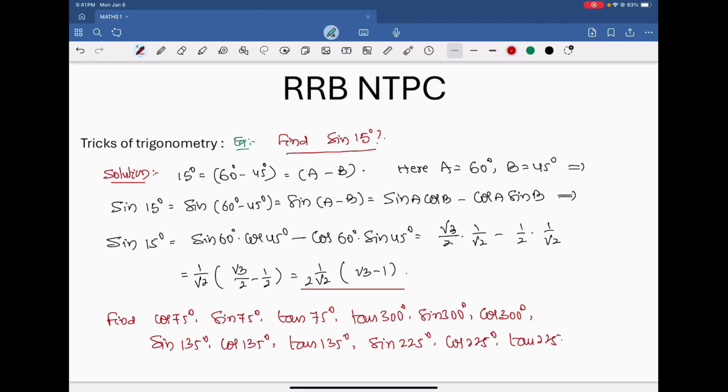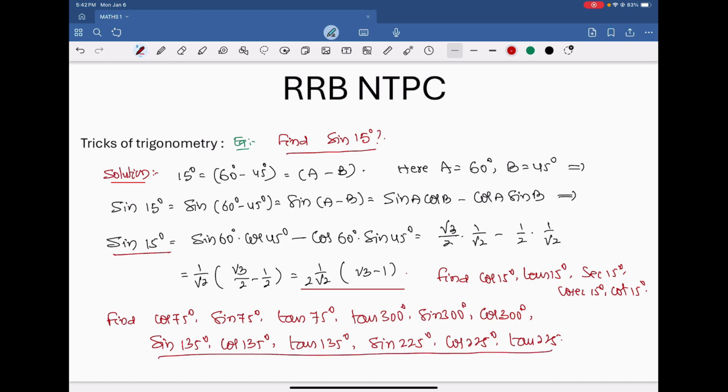Now, in the above problem, I have calculated the value of sine 15. For other angles, can you please calculate? You do the homework, find cos 15, tan 15 degree, secant 15 degree, cosecant 15 degrees, and cot 15 degrees. Try to find these values. These may look simple, but please try to get the values.